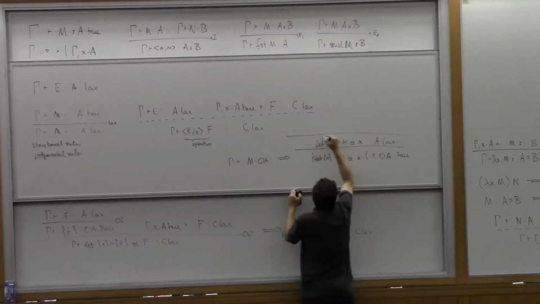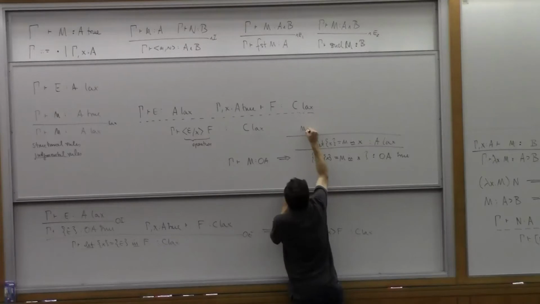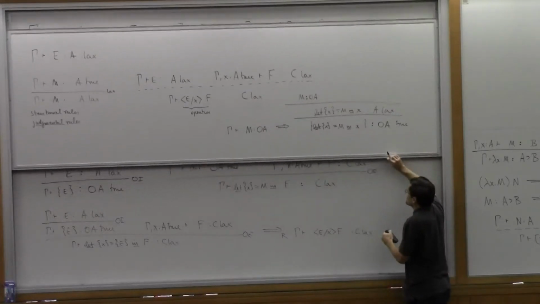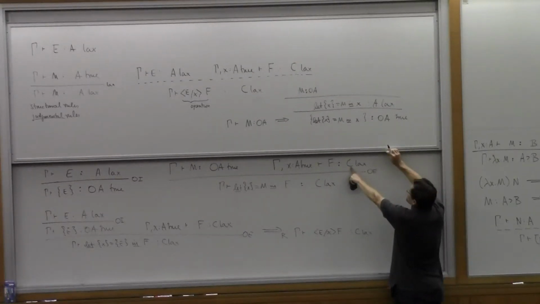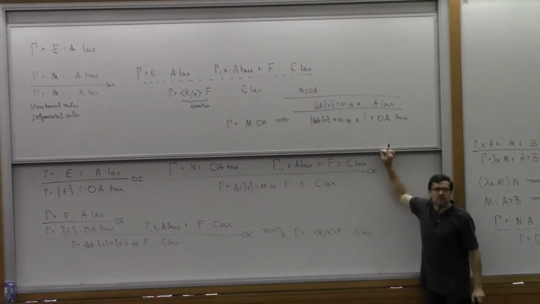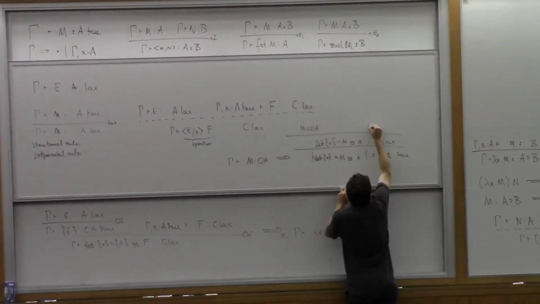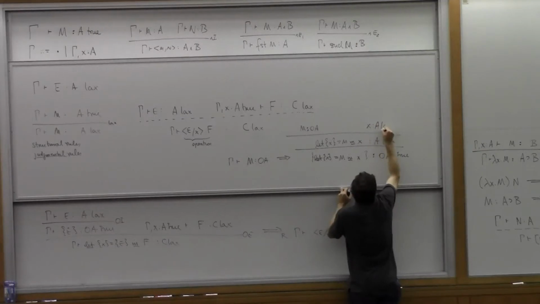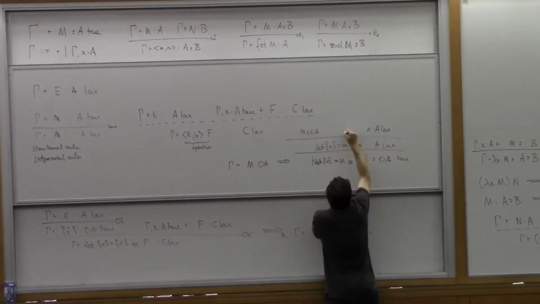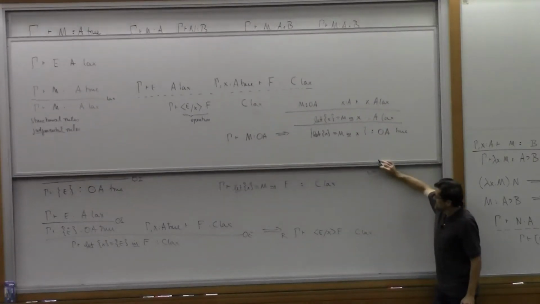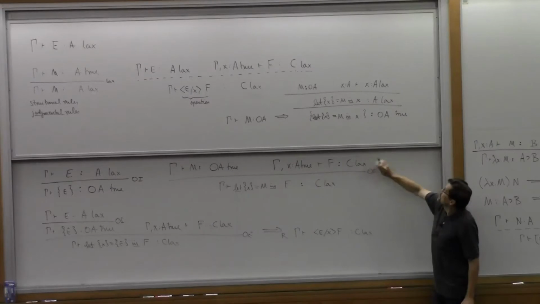Well, we have to show that M : circle A. Well, that's what we have here. And what do we have to show in the second premise? We have to show that X is a term of type C lax, right? Actually, in this case, A lax. X : A lax. And we're allowed to use the additional assumption X : A, which is the same as saying X : A true, right? So that's just pattern matching against this rule.